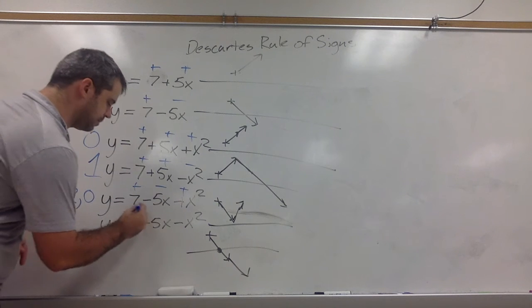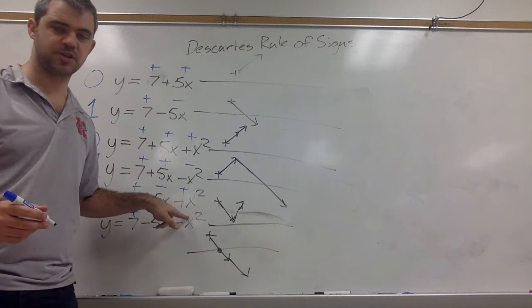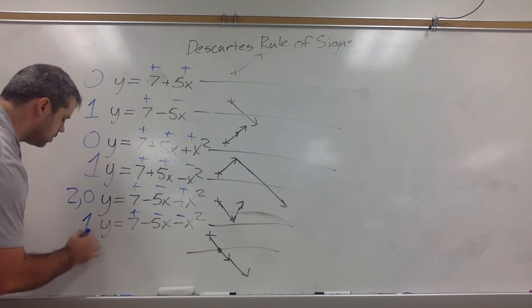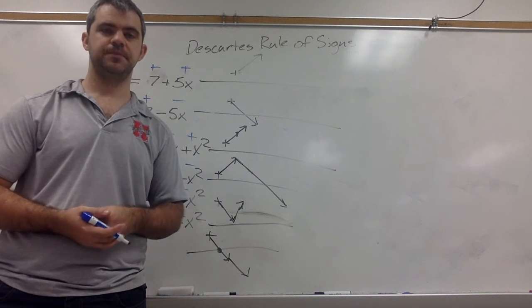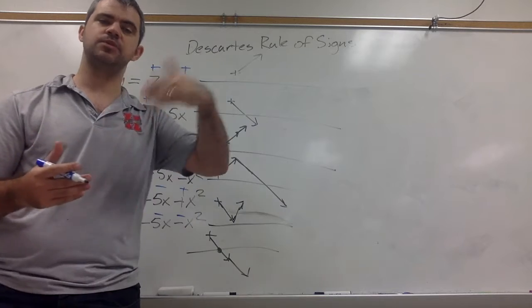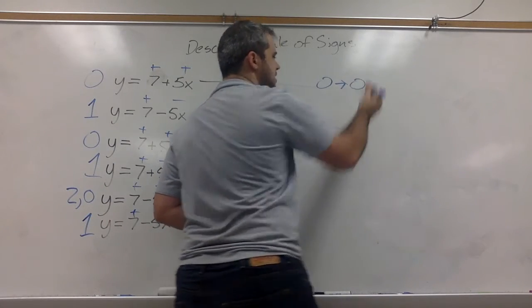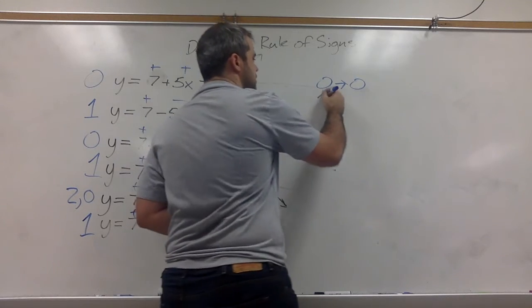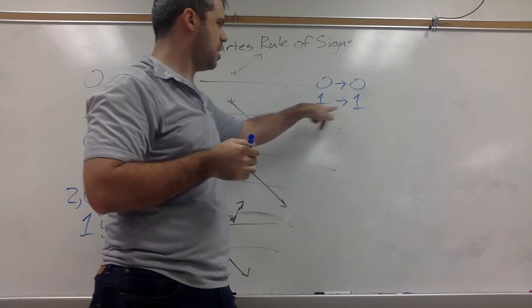So this winds up being positive, negative, negative. That's 1 sign change. The sign doesn't change here. So 1 sign change leads to 1 solution. So what we do is we count the number of sign changes. If we have 0 sign changes, that's going to be 0 positive solutions. If it's 1, then it's 1.